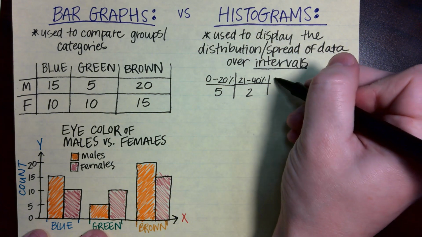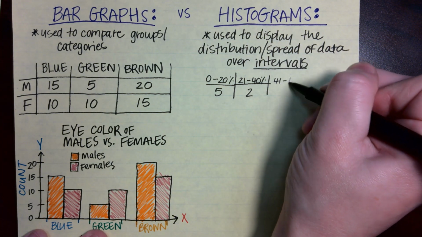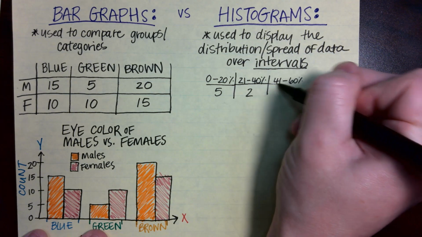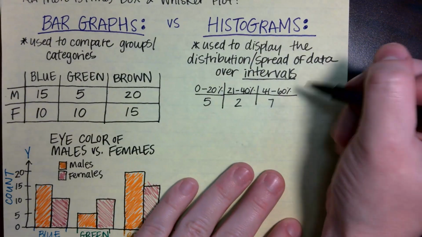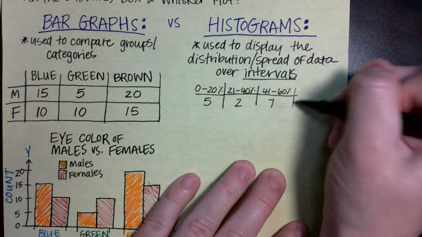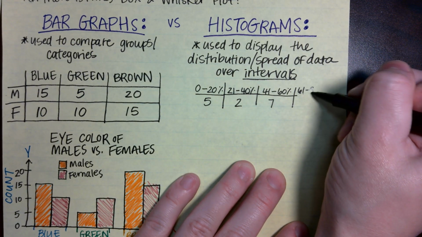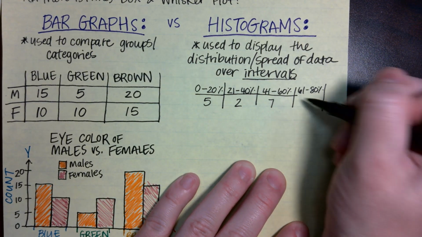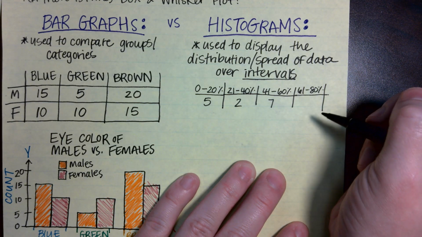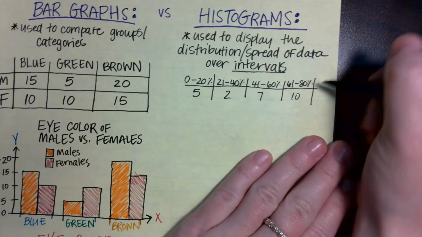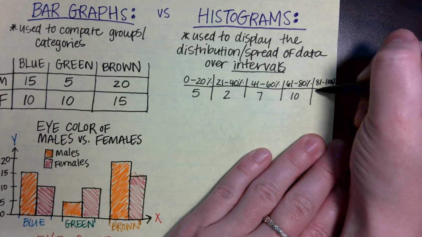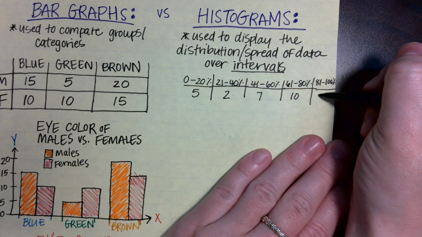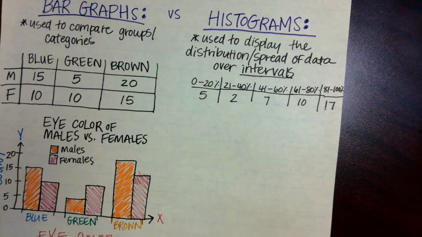How many got between 41 and 60%? Let's say 7. How many got between 61 and 80%? And that's going to be 10. And then how many students got 81 to 100? And that will be 17.